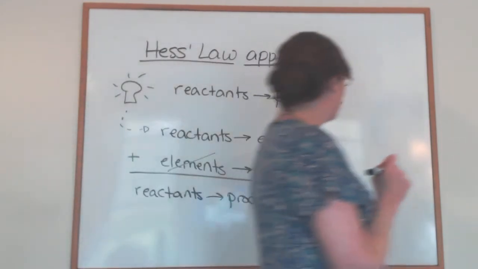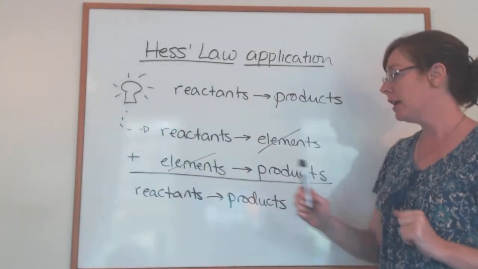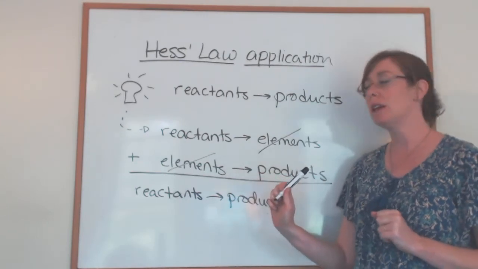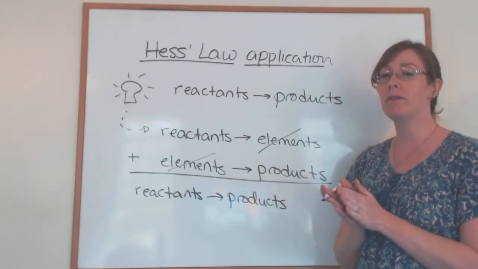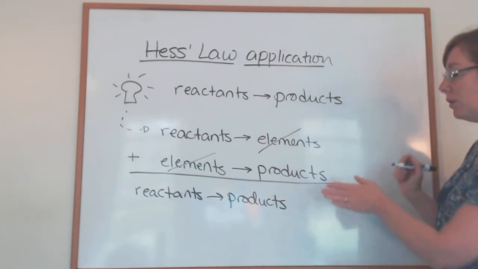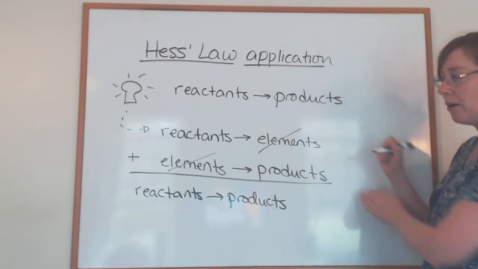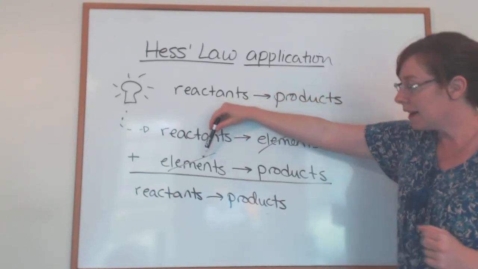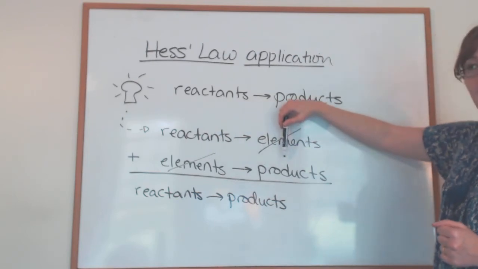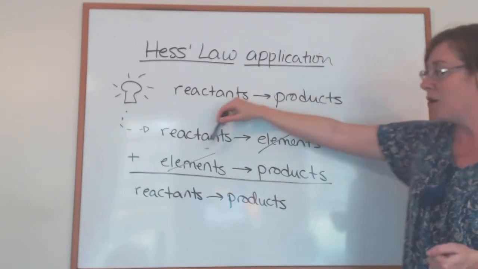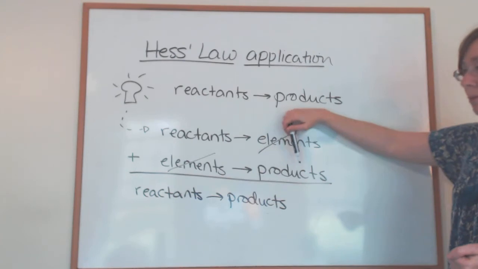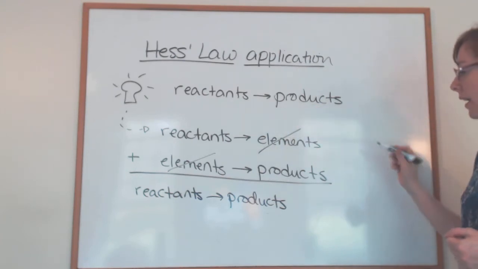Well, if you've been following me through the earlier portion of the video, you will remember that the standard enthalpy of formation is the enthalpy change associated with the formation of a compound from its elements. So let's look at the second step for now. You'll see that this is kind of like a standard enthalpy of formation reaction. You have elements on the left side turning into compounds or products on the right.